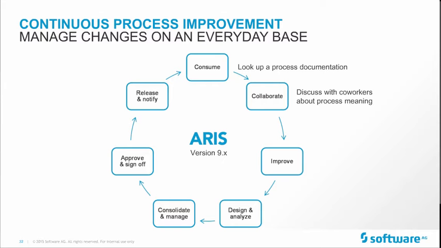Probably they will ask, what does it mean? How does the process run in that case? And maybe they come up with an error. Maybe they think, well, that's not the way it should work. That's not right now, or probably the legal requirements have changed, and well, I think we should change this process. So it's a kind of collaboration and discussion between the business users and the workers in the company.